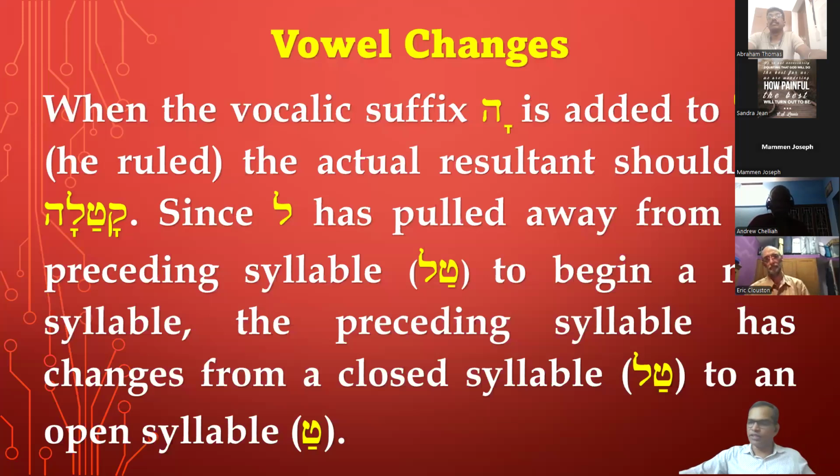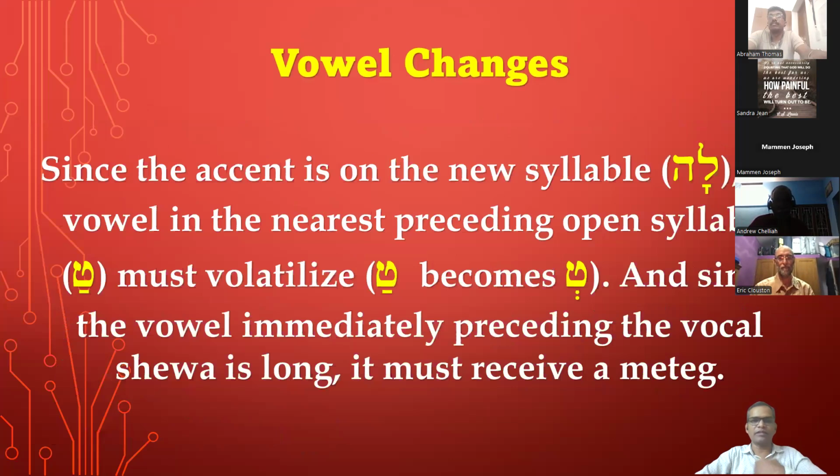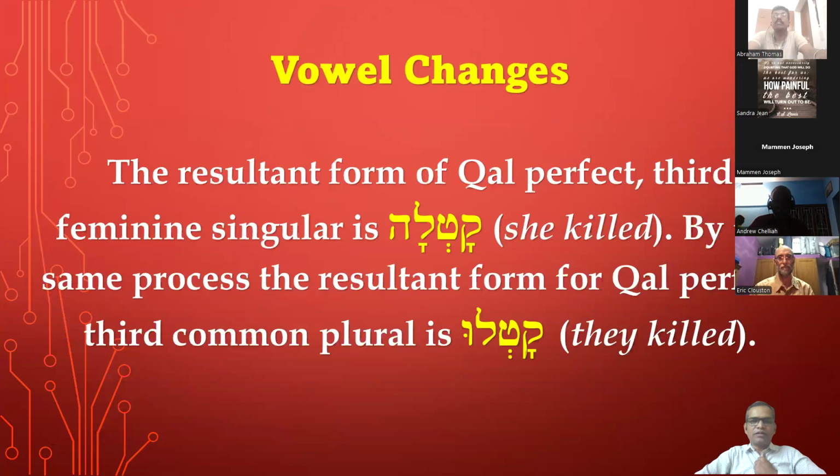But in this case there is a short vowel, which is pata. Because of that, the pata is reduced to simple vocal Shiva. After that, there is a need for methek.